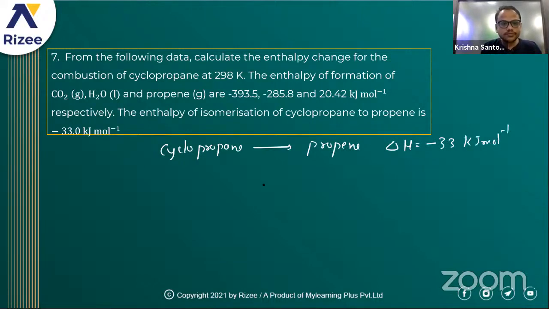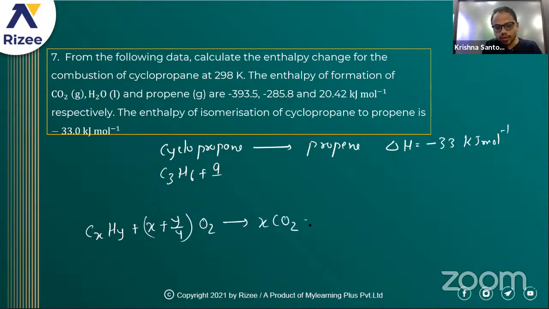Okay. Now let's find the combustion of propene. Propene formula is C3H6. We know the general equation for the combustion of hydrocarbons: CxHy plus (x plus y by 4) O2 gives rise to x CO2 plus y by 2 H2O.